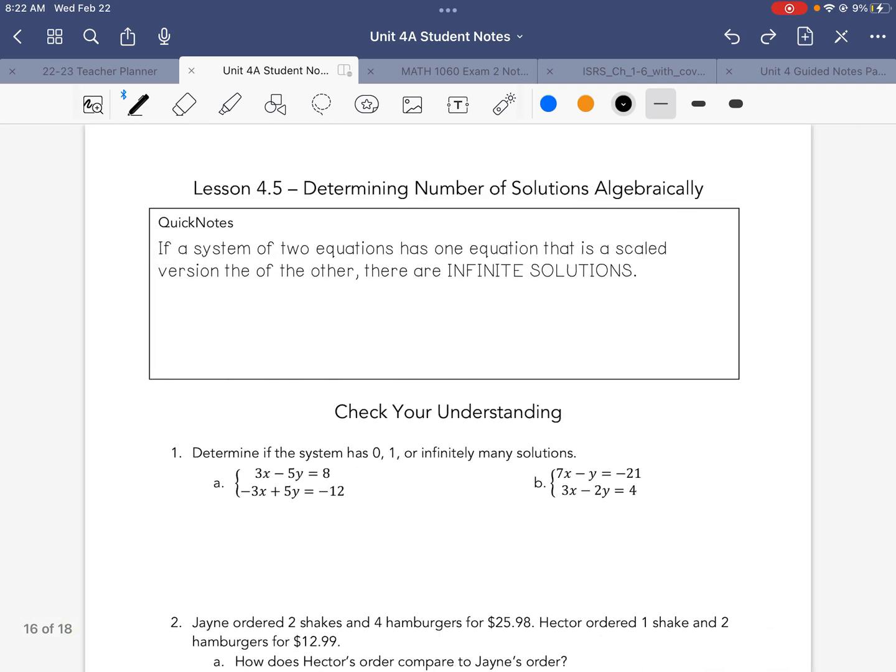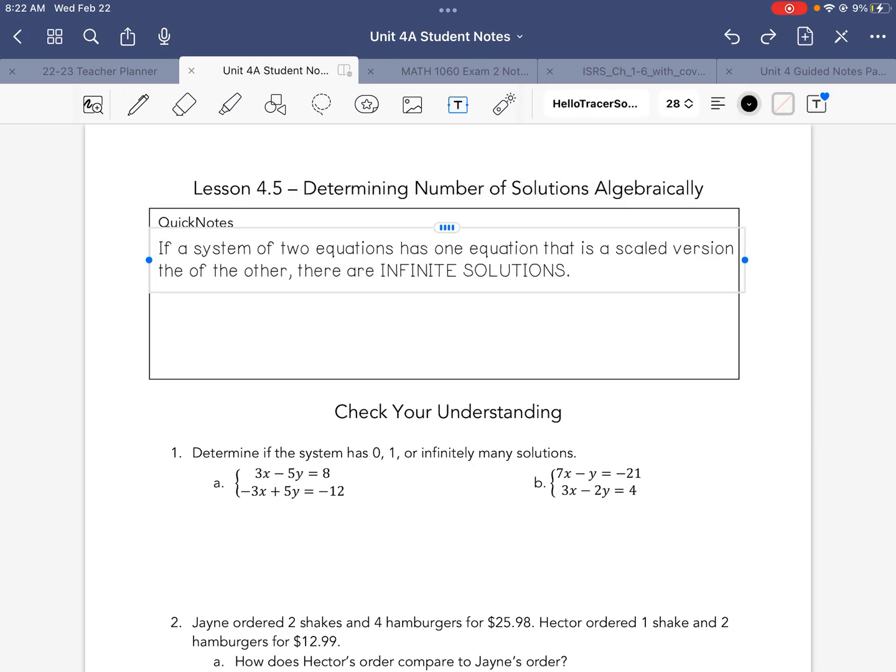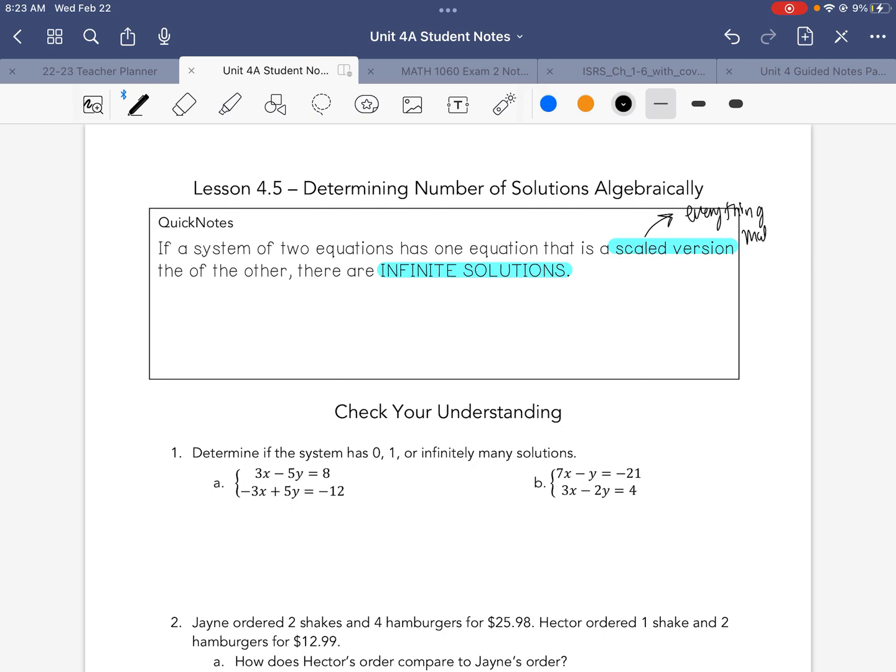So scaled means that everything in it has been multiplied by that same number. When it's a scaled or multiplied version of the other, there are infinite solutions. I just want to make sure you guys know, scaled means everything multiplied.